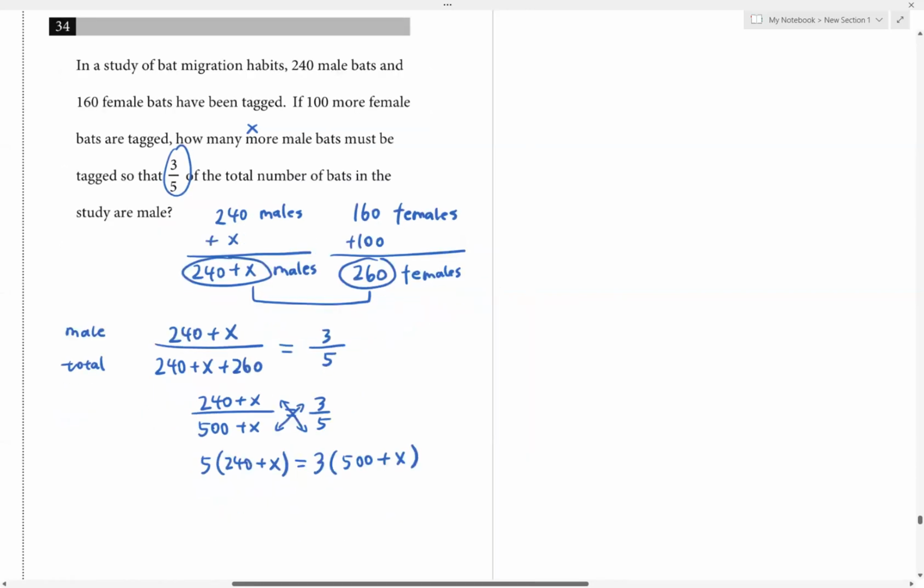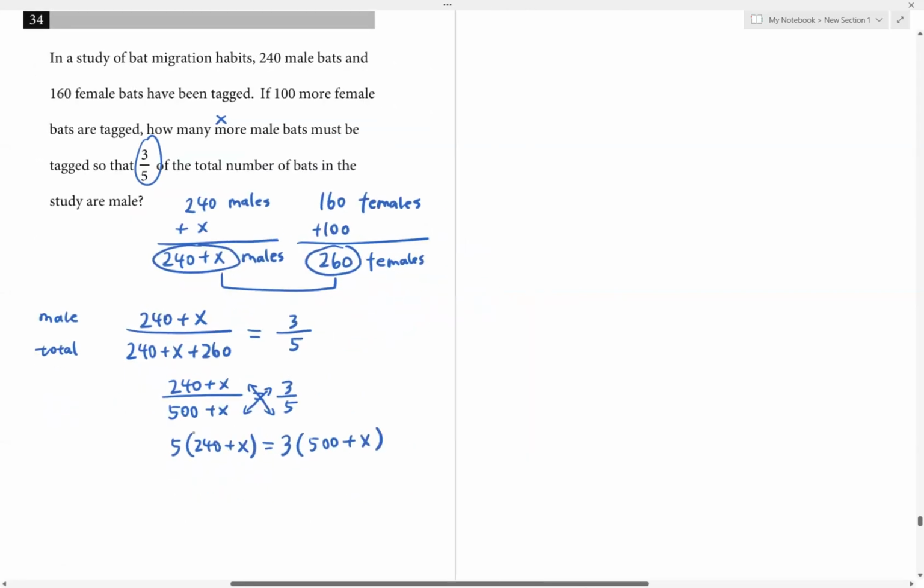From here, distribute the 5. 5 times 240 is 1,200, and 5 times x is 5x, equal to 3 times 500, which is 1,500, plus 3 times x, which is 3x.